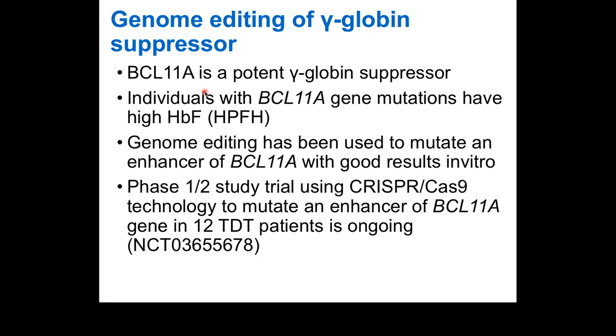That is why hemoglobin F production stops after birth. So what they have done is to mutate this BCL11A gene so that this protein is not produced. So the gamma globin will remain working even in postnatal life.